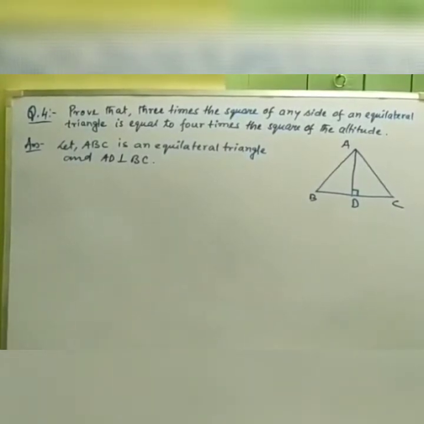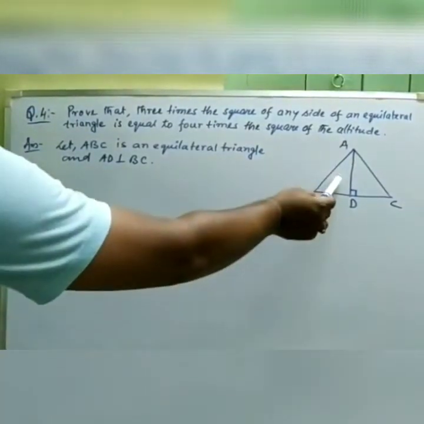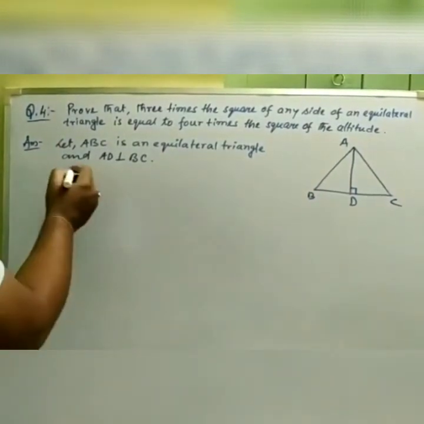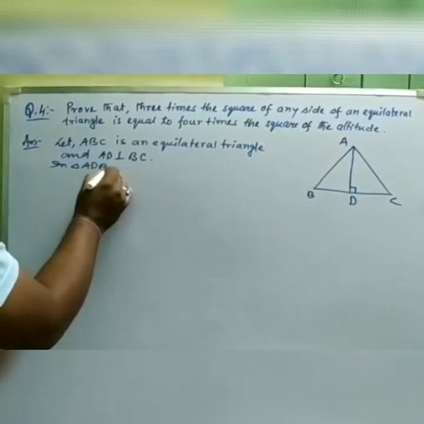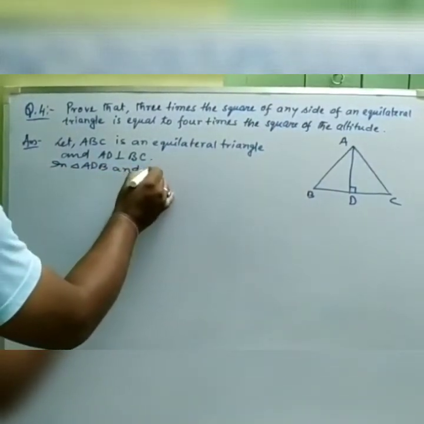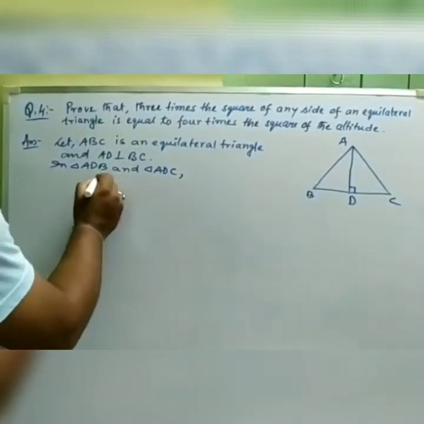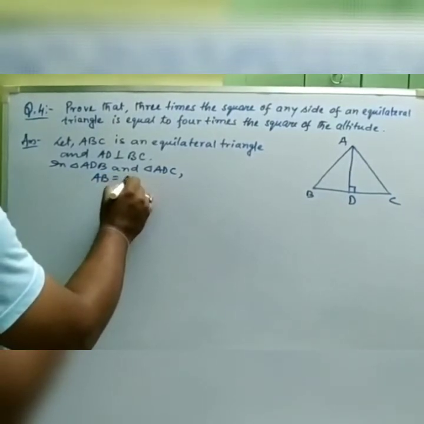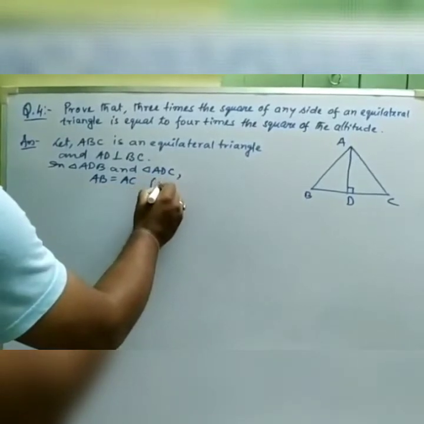Okay, so here we need to show that both triangles ADB and ADC are congruent. So how is that? Let me show you here. In triangle ADB and triangle ADC, what are we getting? The hypotenuse parts AB and AC are equal, because triangle ABC is equilateral.